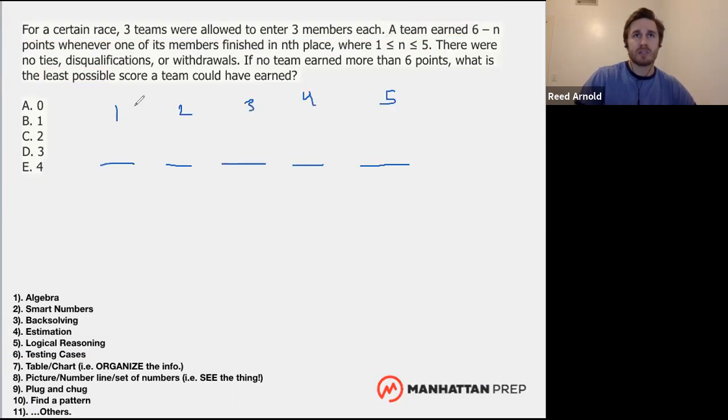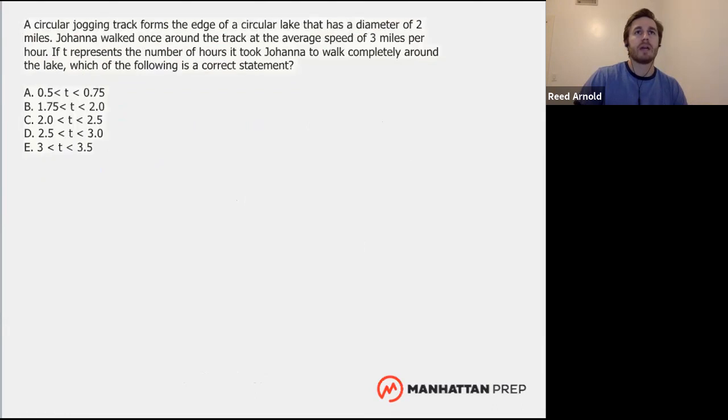And then I just specify how many points they get, 5, 4, 3, 2, 1. And I might write, points for place. It's just a different version of the table, but same idea. And then I start, okay, labeling the A's, B's, and C's. Okay, let's try this one here.